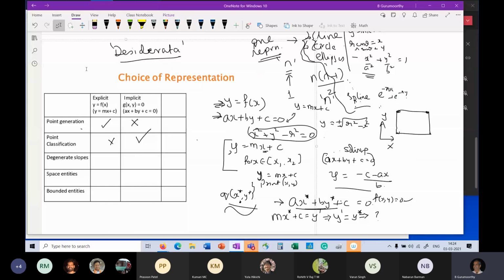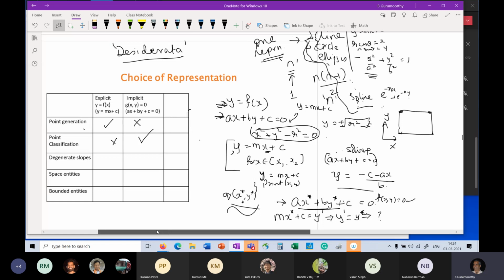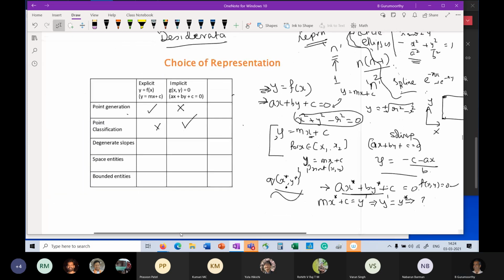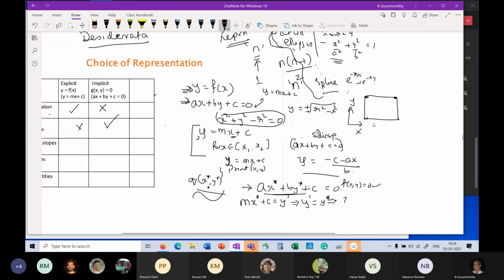Unfortunately, in this instance, all of you got it wrong. It turns out that the explicit form is not very good at doing this. Why is that? Can anybody say why? Your horizontal line, you can represent it as y is equal to C1, and here you can say y is equal to C2.